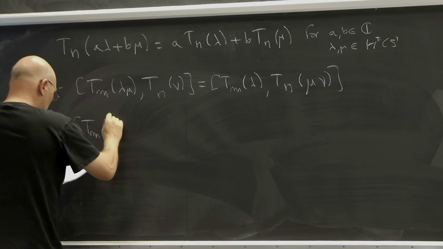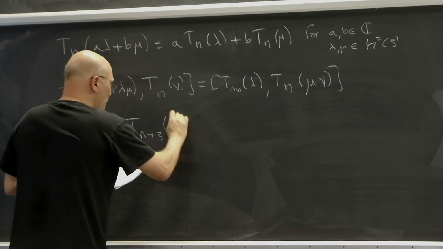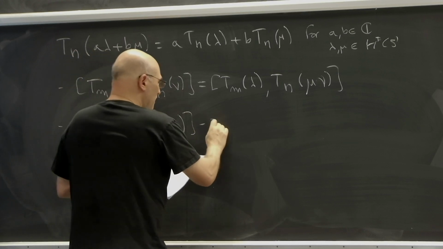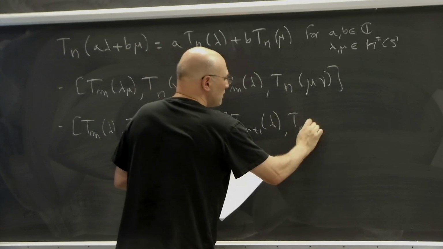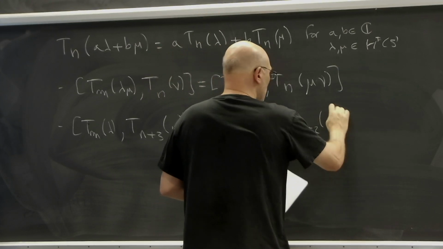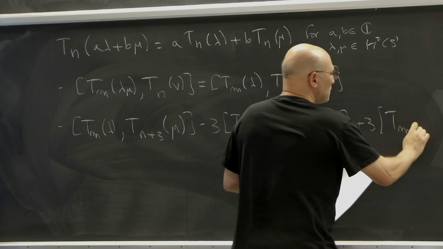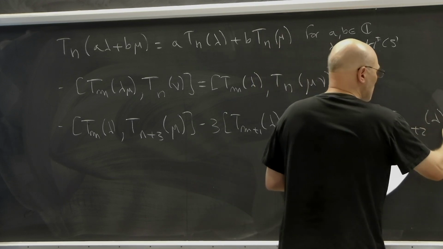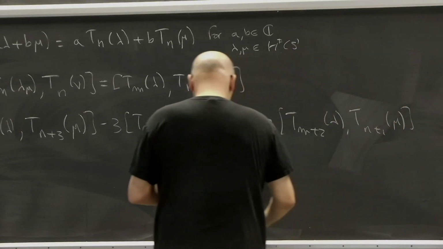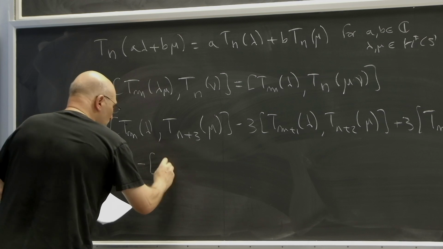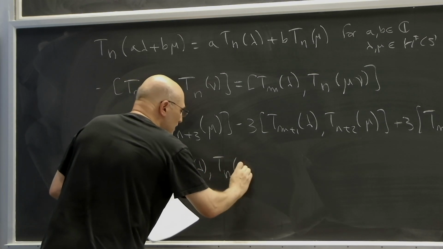And then T_m lambda T_{n+3} mu minus 3 T_{m+1} lambda T_{n+2} mu plus 3 T_{m+2} lambda T_{n+1} mu minus T_{m+3} lambda T_n mu.